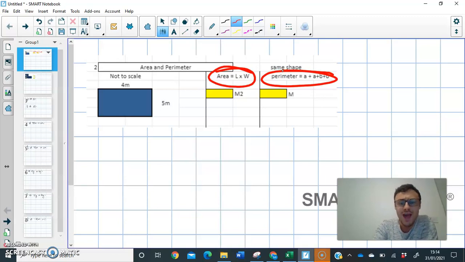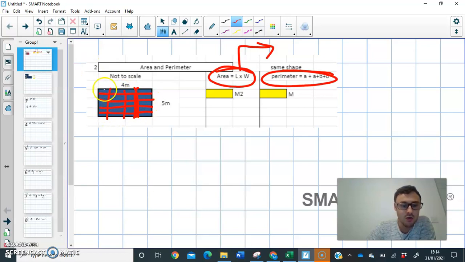Can I remind you, for area, that is this space inside, okay? So that's all these different squares or rectangles inside. So I've split it 4 ways down here and 5 ways along.